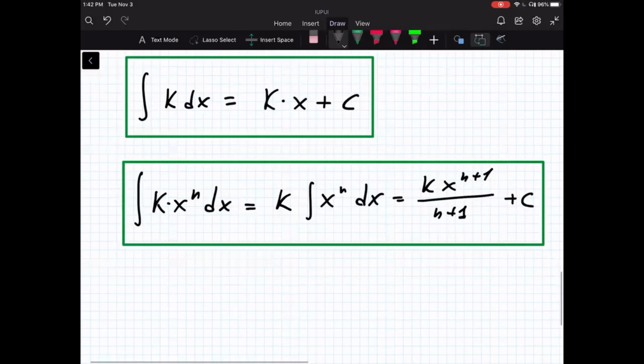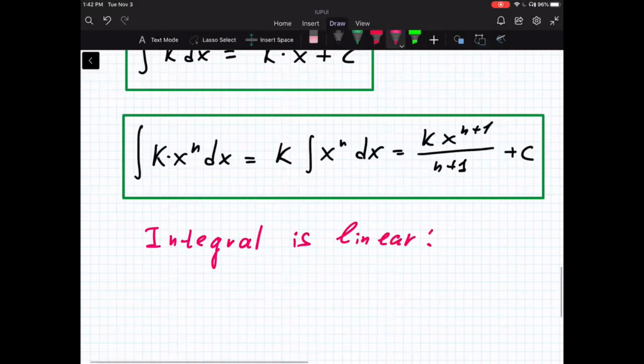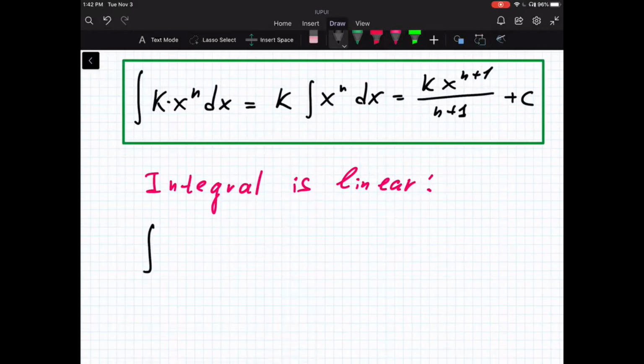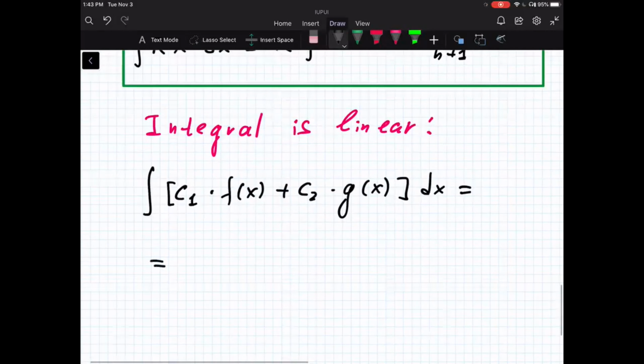There is a general property which is called linearity of the integral. So the integral is linear. That means if you have two functions multiplied by some constants, c1 times f of x and c2 times g of x, then the integral is in fact the sum of two integrals, and you can put the constant in front of each integral.